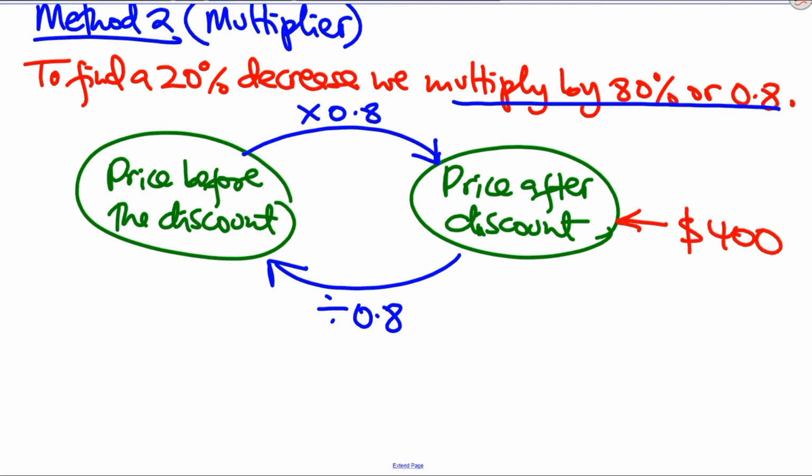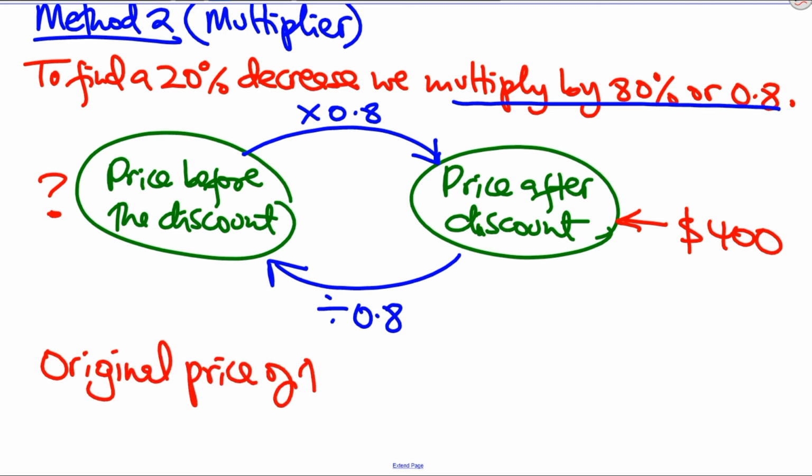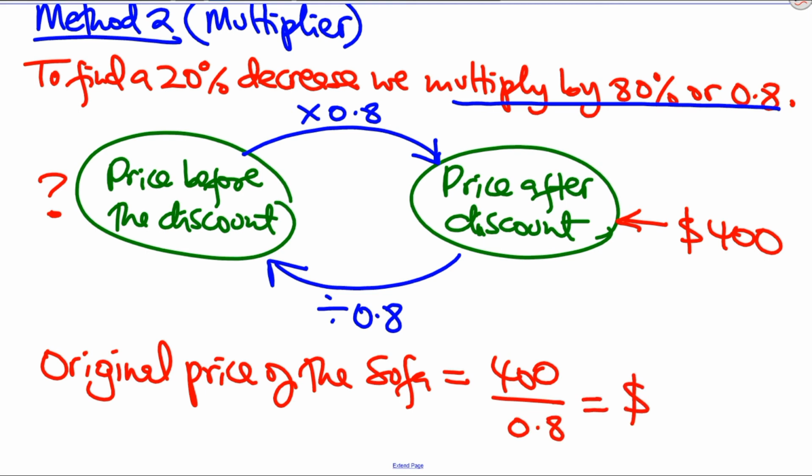So to get the original price, which you don't know, the original price of the sofa will be equal to 400 divided by 0.8, and that will be equal to $500. So that's the second method, okay? And you can choose whichever method that you're comfortable with, because both methods result in the same answer.